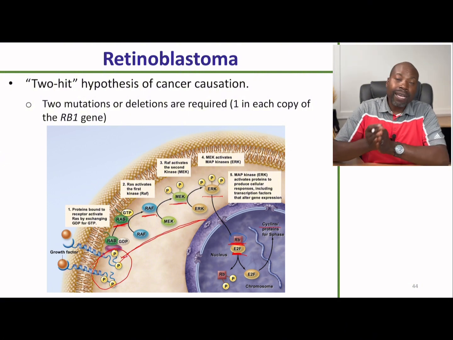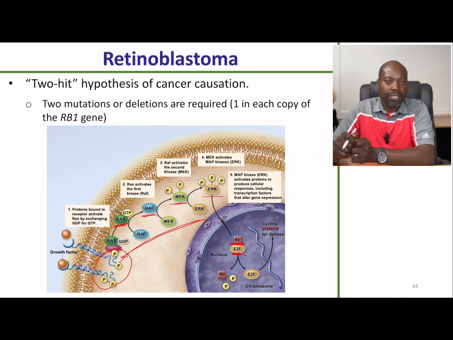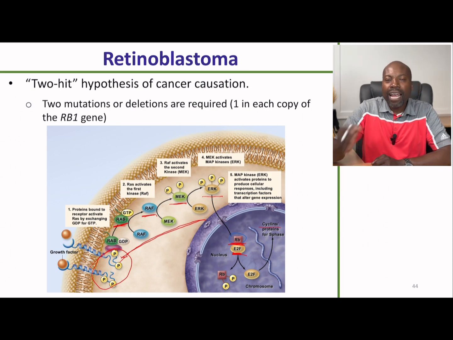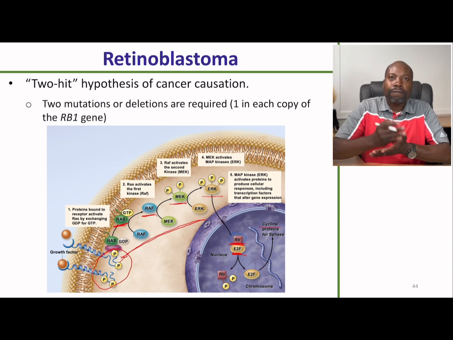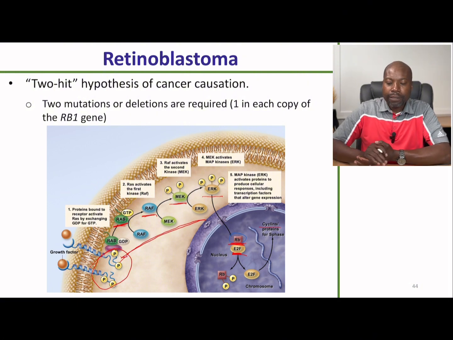Now, the S phase is not triggered unless a cell is committed to cell division, right? So RB prevents the cell from moving on to the S phase, right?